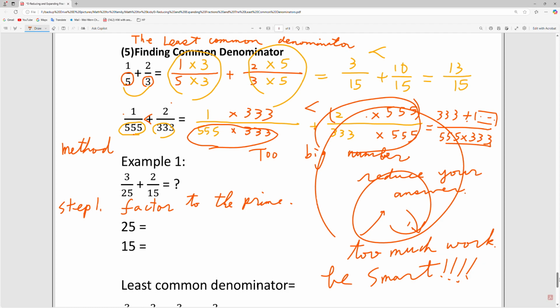The factor of 25 to the primes. We don't consider 1 a prime number. Let me not say factor to the primes, just factor.